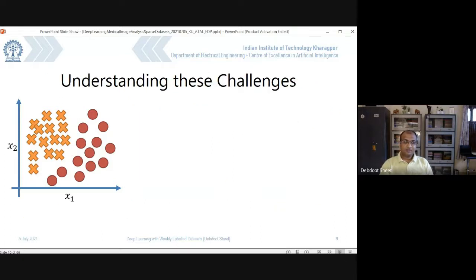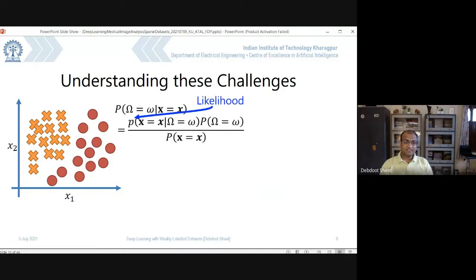Now comes an understanding about these challenges. Say that I am looking only at this likelihood, and now what I want to see is, if there is this kind of decision boundary coming over here, what is it dependent on? Say I have a decision boundary which looks like this, whose geometry can be defined by a cubic equation.